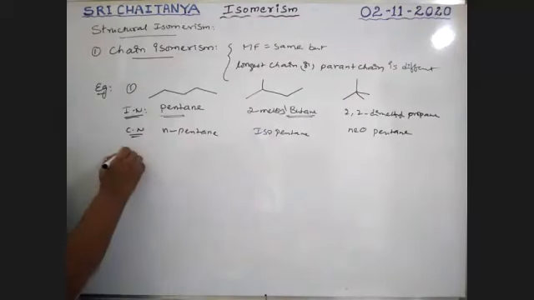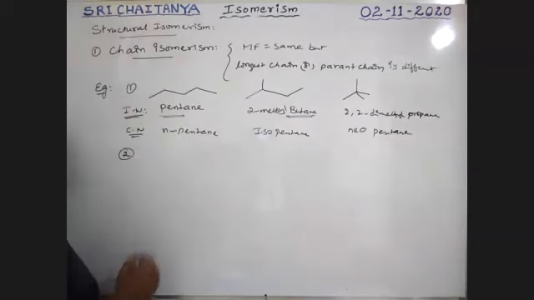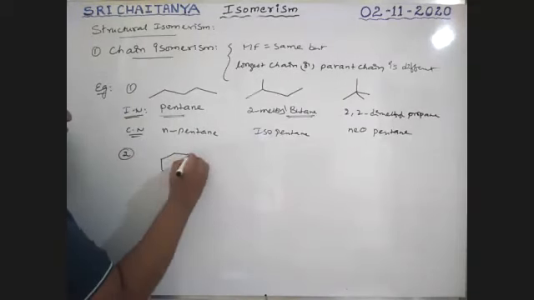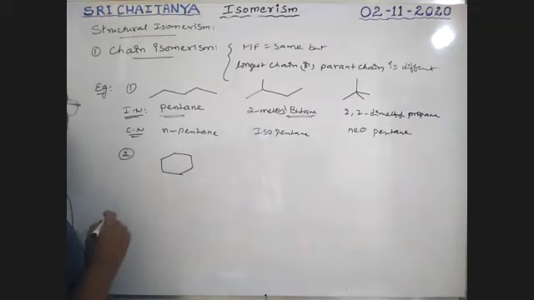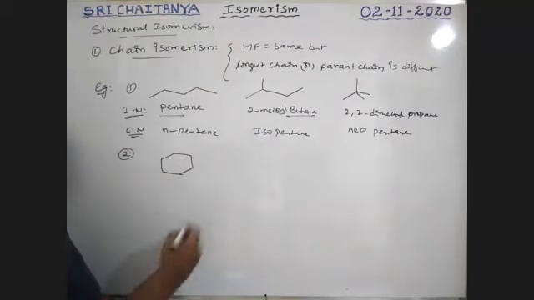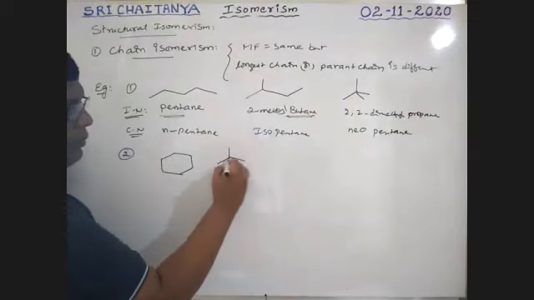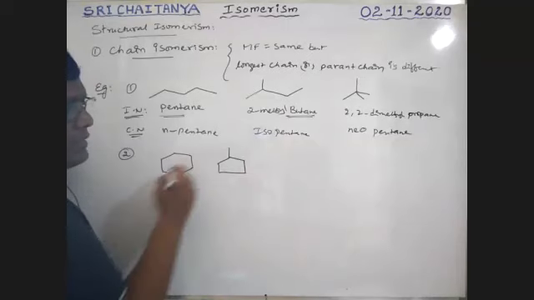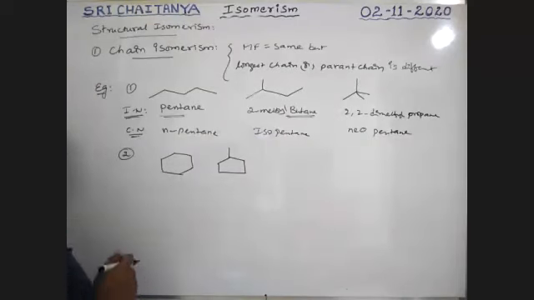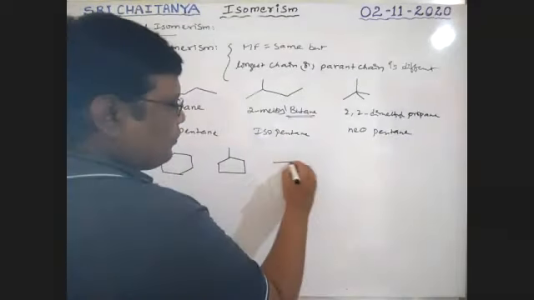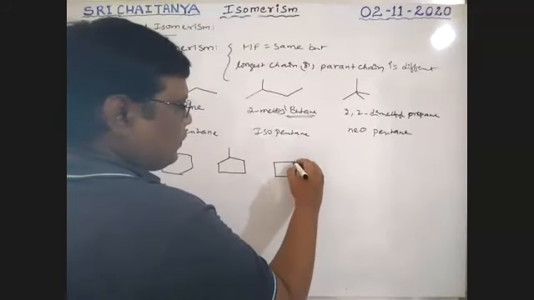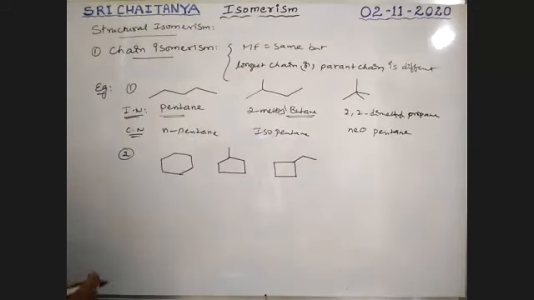Second example, see here, it is the open chain condition. It is cyclohexane, 6 carbons. Methylcyclopentane, 6 carbons. Ethylcyclobutane, 6 carbons.